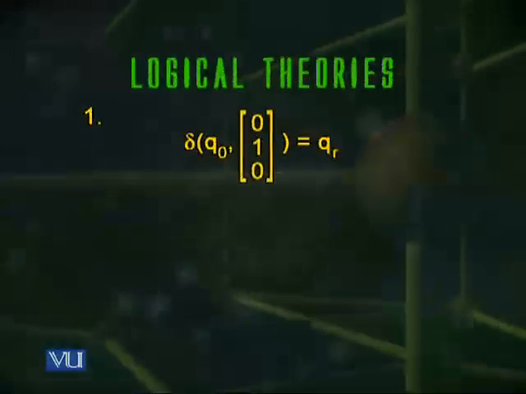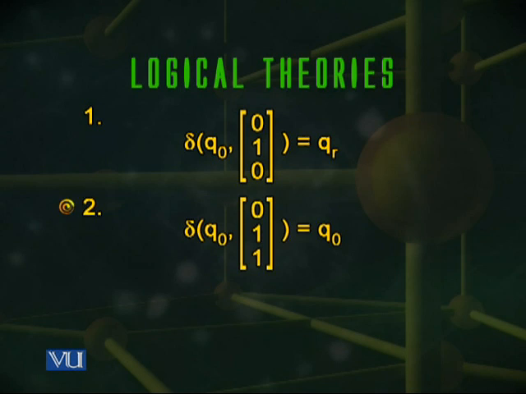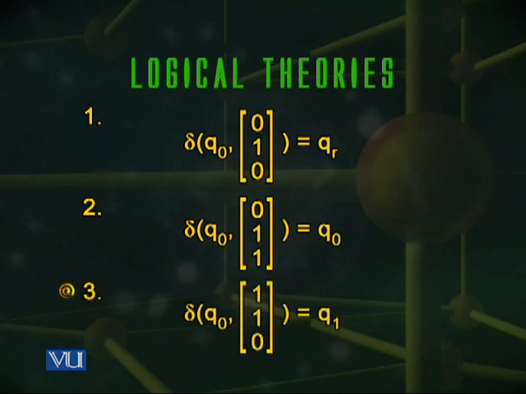input to it. Similarly, delta of Q0 on (0, 1, 0) is QR. Once again, if you have no carry, the first two bits do not add up to the last bit. Delta of Q0 on (0, 1, 1) is Q0 because the first two bits add up to the last bit. Delta of Q0 on (1, 1, 0) is equal to Q1.